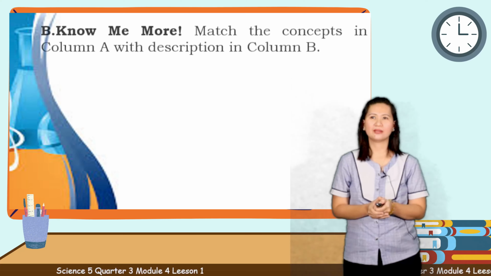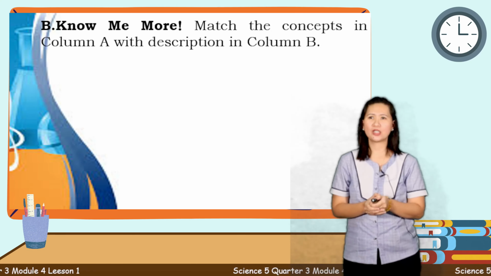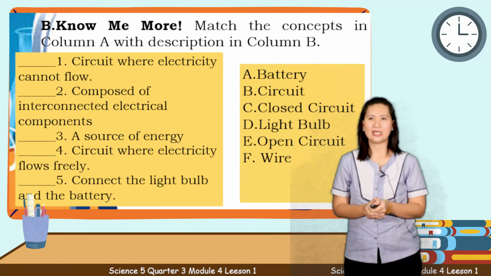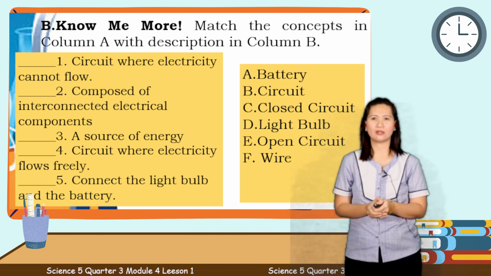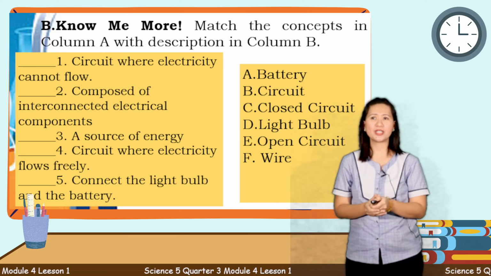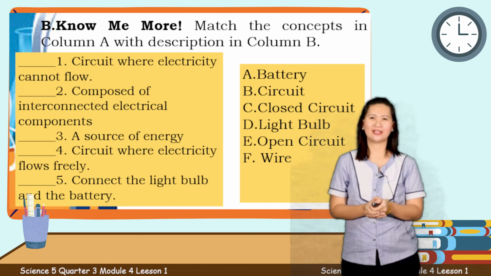And know me more. Match the concepts in column A with description in column B. So here are the choices. Number 1, it is a circuit where electricity cannot flow. What is your answer?